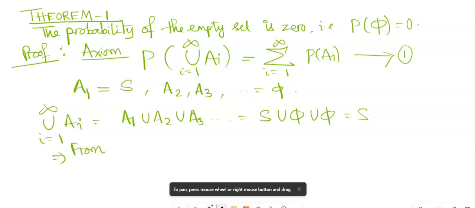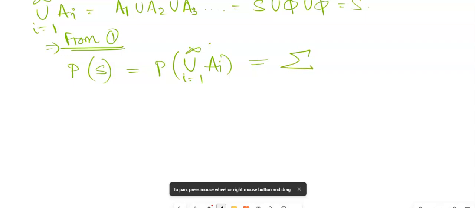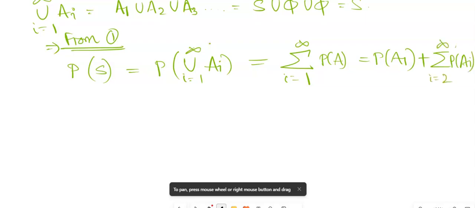So from 1 we can write P of S is equal to the summation of i equals 1 to infinity P of A_i, which I can write as P of A1 plus the summation of P of A_i, where i ranges from 2 to infinity.